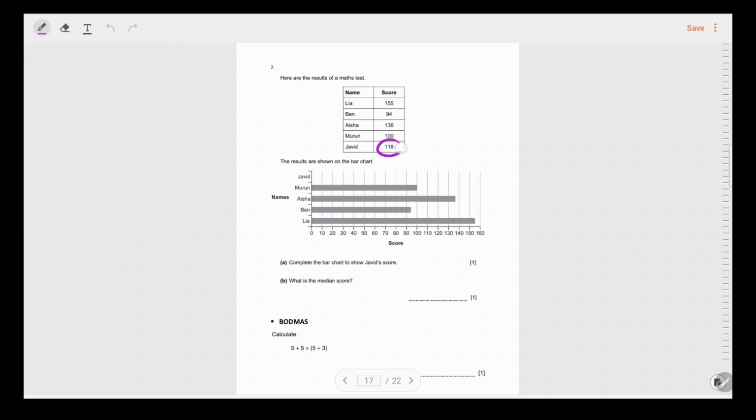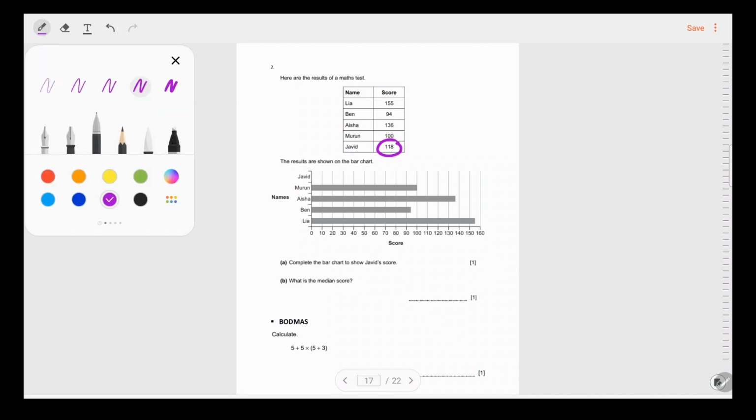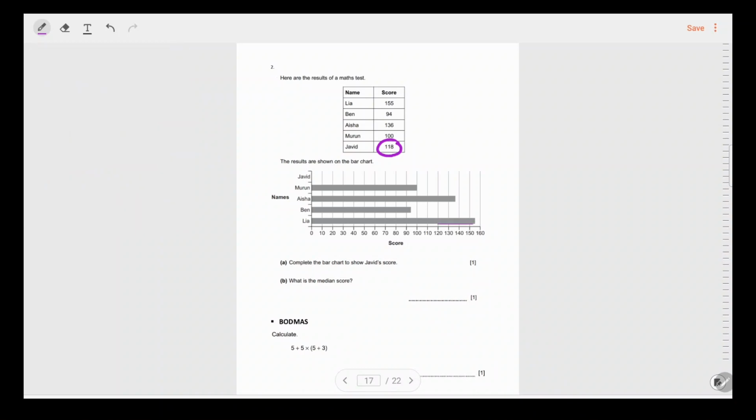So Javid's score is 118, which would lie precisely between 110 and 120, but closer to 120, so somewhere there. And then you would draw the bar. So make sure to use a ruler for this. You should be able to draw a bar which looks much better than what I have drawn, but this is the answer to 2A.